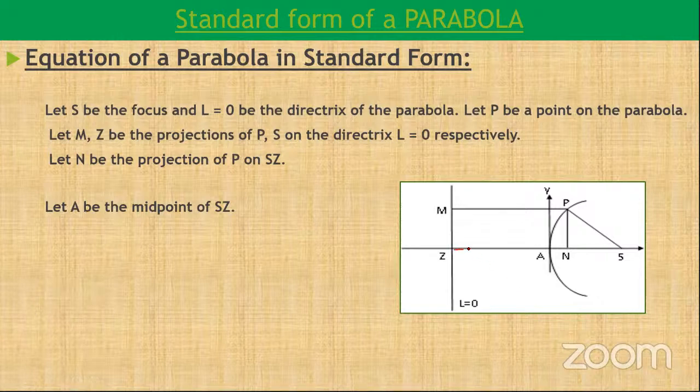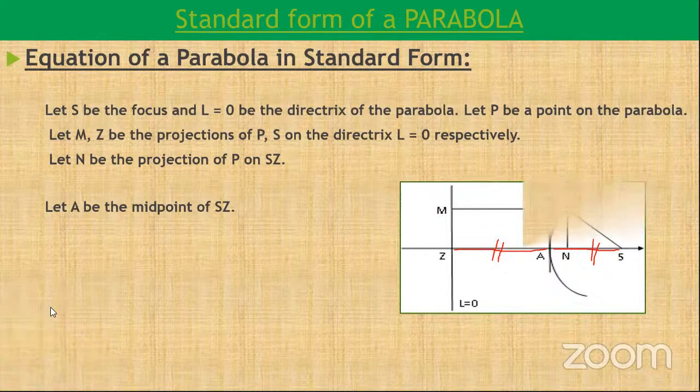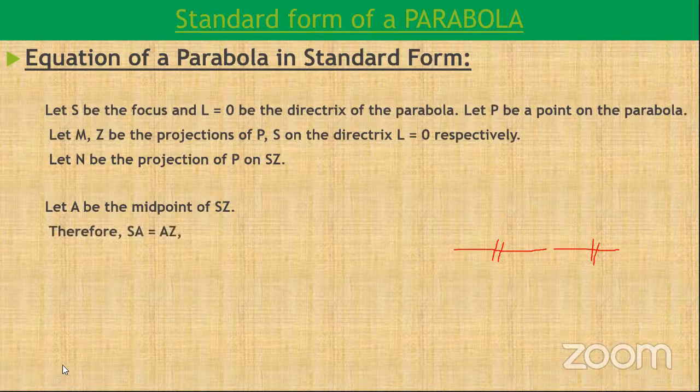This is ZA, and the distance ZA will be equal to AS. So A is such that ZA equals AS. So A is the midpoint of SZ. Is it clear for you all, children? Therefore, SA is equal to AZ.